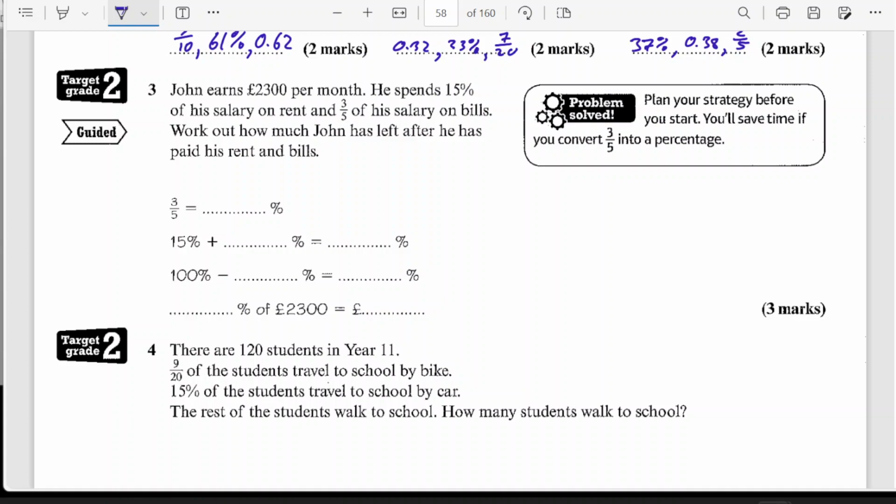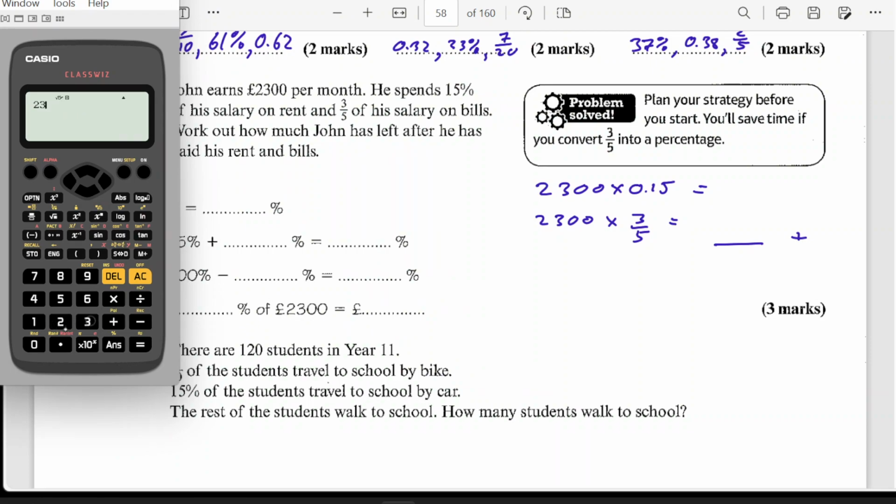So he spent 15% of his salary on rent, so I'm going to work out 15% of that. So I'm going to do 2,300 times by 0.15 for rent, and 2,300 times by 3/5 for bills as well, and then work out how much he has left afterwards. So once I've worked out these two totals, I'm going to add them together, and then take that away from my value.